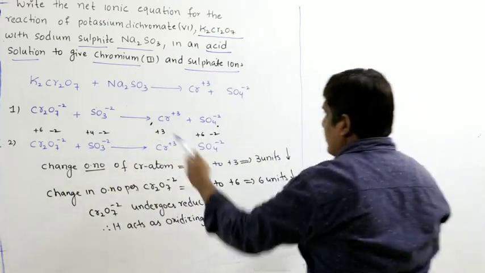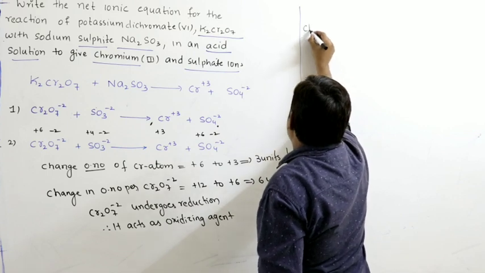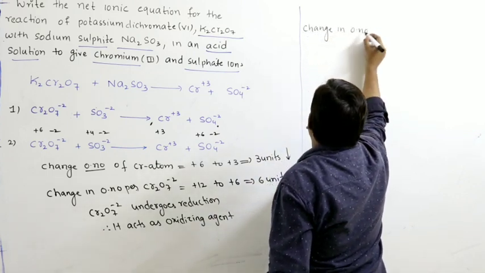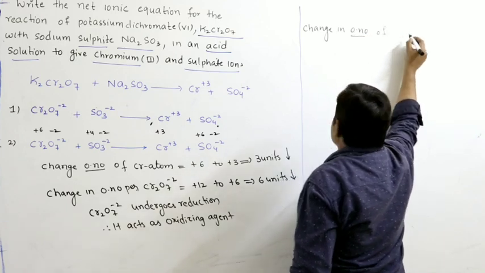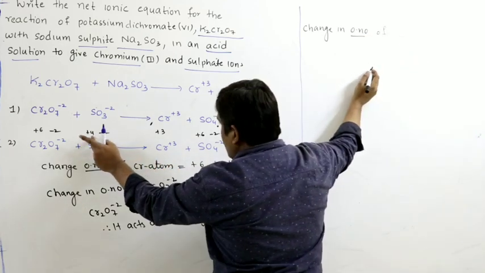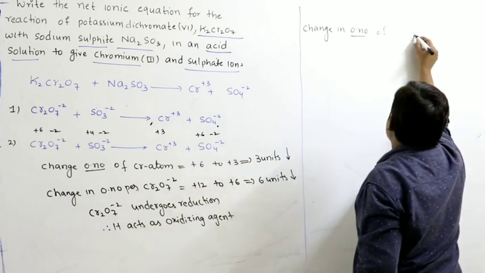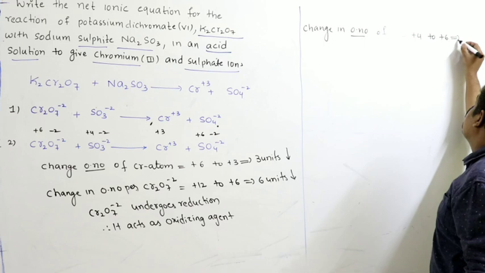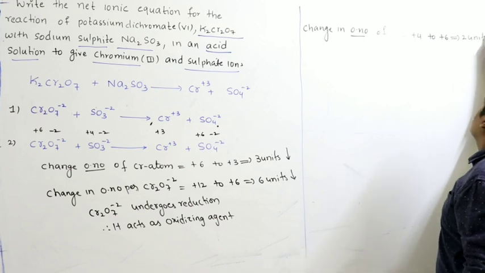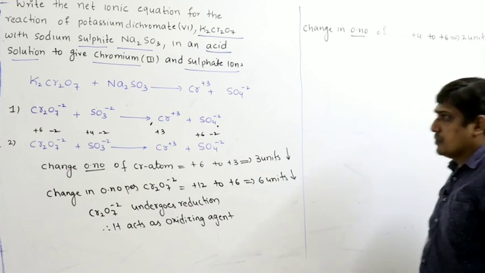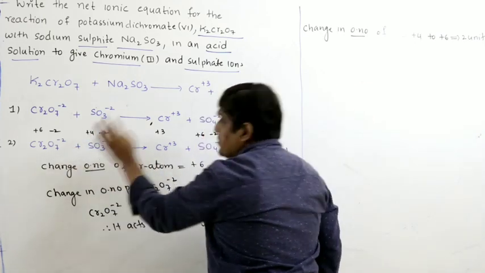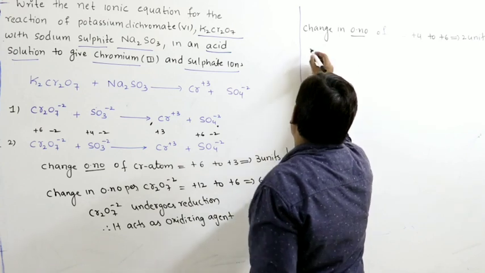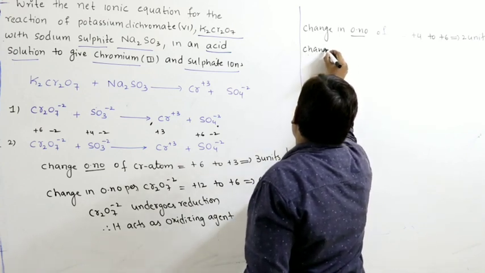Coming to the next, sulfur. The change in oxidation number of sulfur: sulfur changes from +4 to +6. That means a 2 units increase in oxidation number. Here one ion contains 1 sulfur, so per sulfur or per ion will be the same because it contains only 1 sulfur.